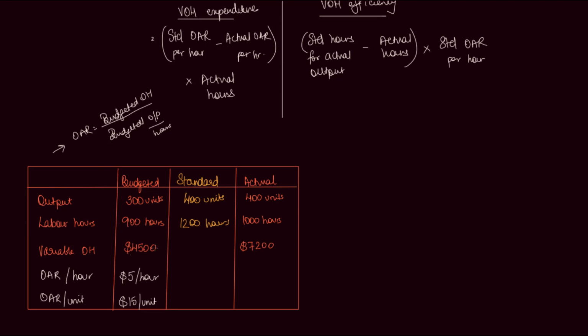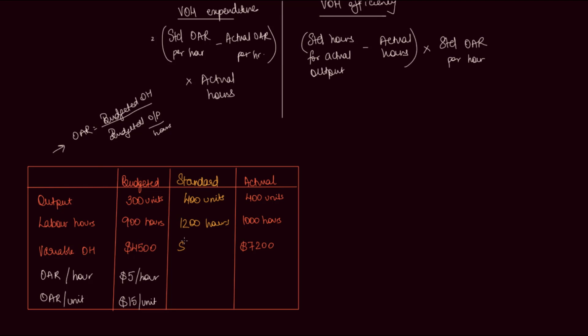And how much should the standard variable overheads have been for this actual output of 400 units? So $15 per unit is the overhead absorption rate per unit. This is what the management expects the organization to produce the output at. This will be multiplied with 400 units.